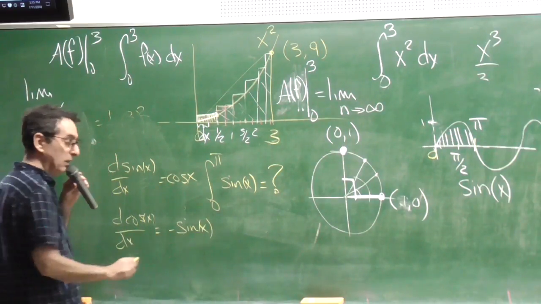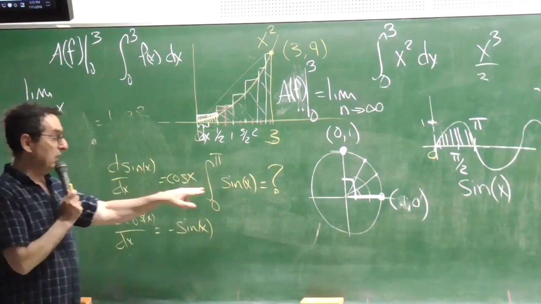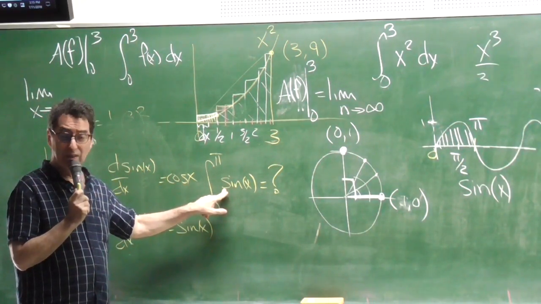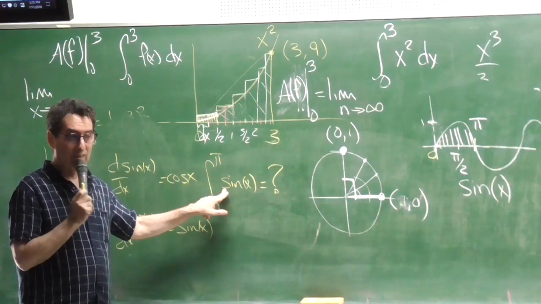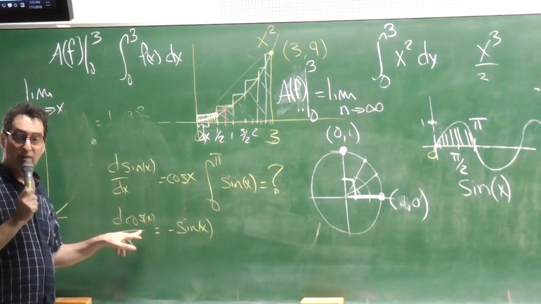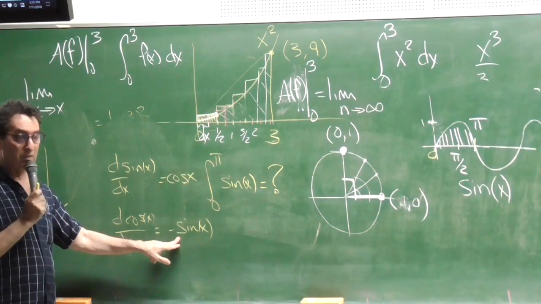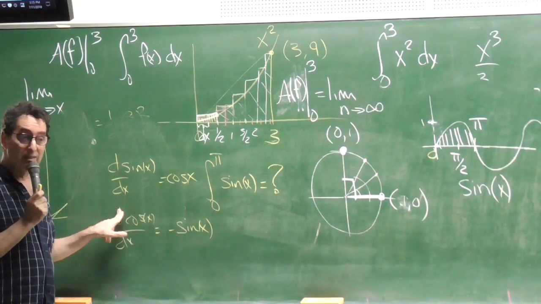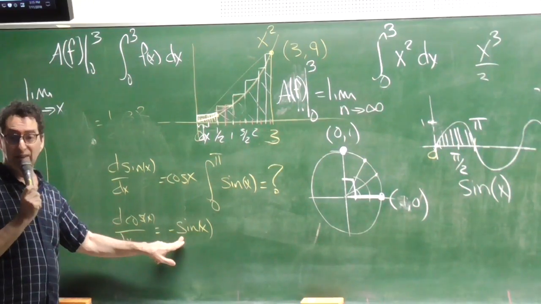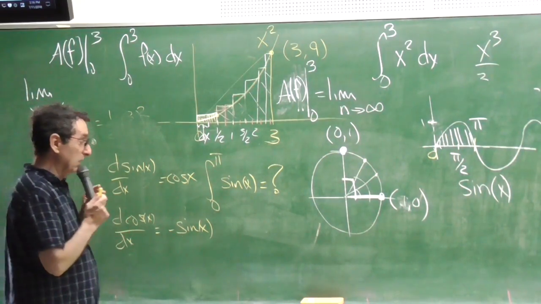So with that, now we know how to do this, because I want the function whose derivative is sine, right? Cosine has derivative minus sine, so minus cosine has derivative of sine. So now we can do it.